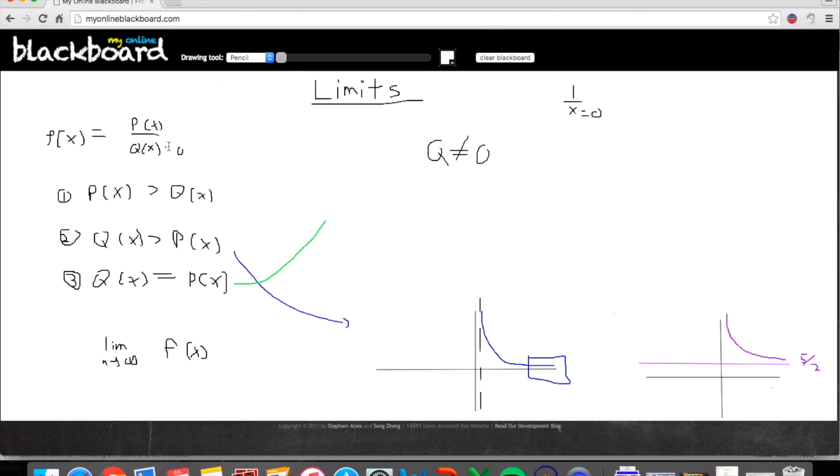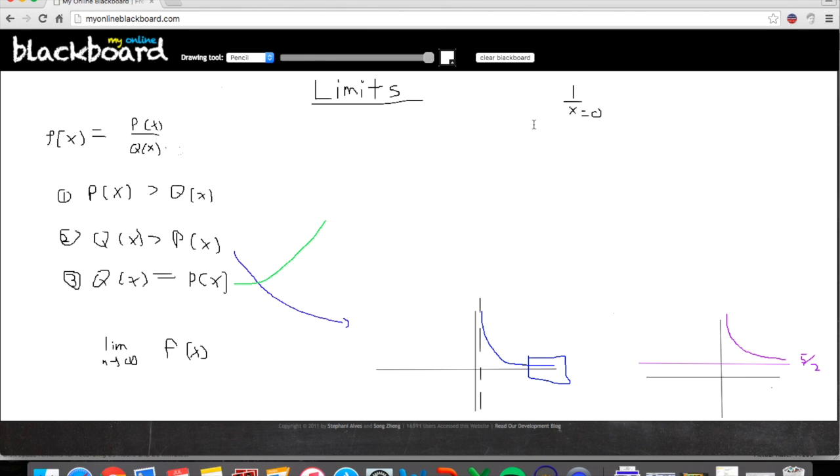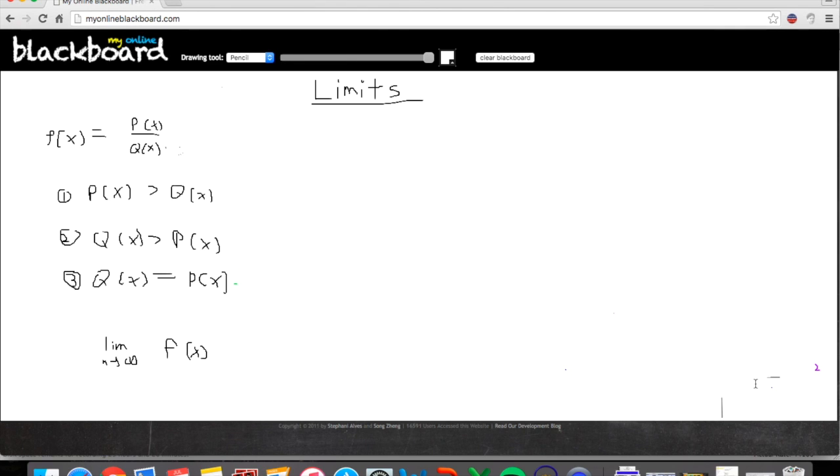Now I believe there's one more thing, and that is finding the limits when it's not approaching infinity. What you can do to make sure that the limit doesn't exist, or when you want to find the limit, not necessarily the number, but here, let me explain myself in a better way.